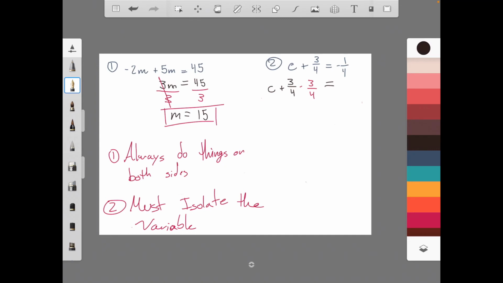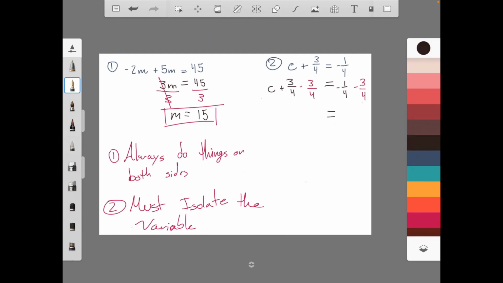So since we subtracted on this side, now we say that negative 1/4 minus 3/4 is our new equation.